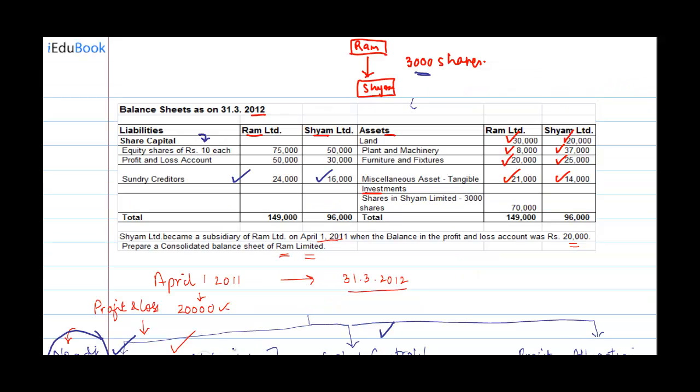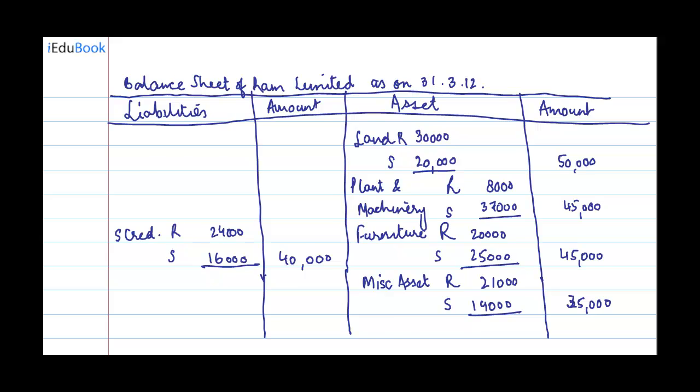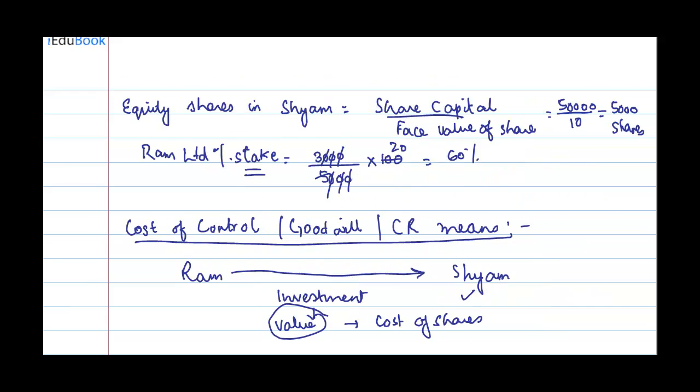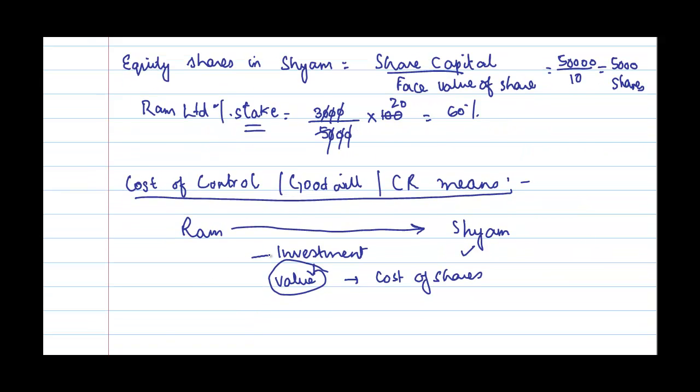If we see our case, we are told that 70,000 is what Ram Limited has spent to buy 3,000 shares of Sham Limited, right? So let me just put it here. So the value of investment is 70,000.